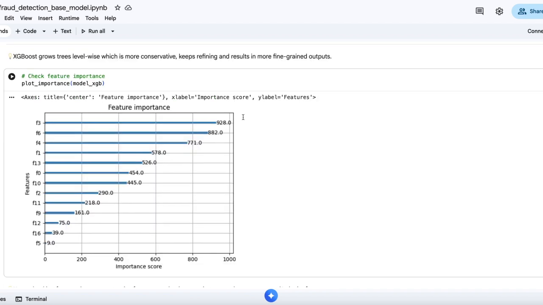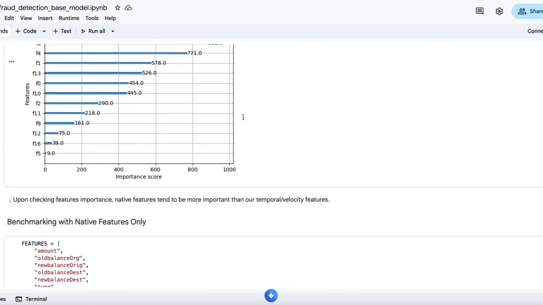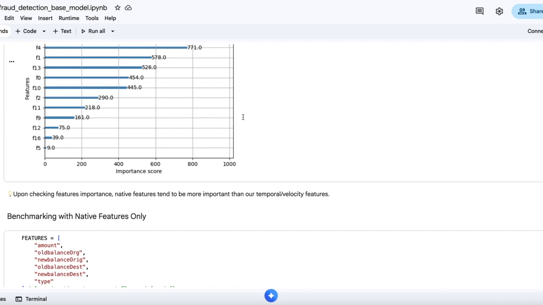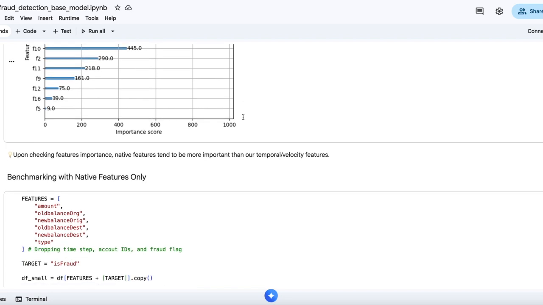The feature importance chart also tells us that native features appear to be more important than our aggregated ratios, temporal and velocity features. So out of curiosity, I've also benchmarked against an XGBoost model trained on native features only.